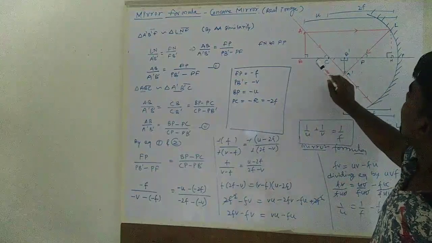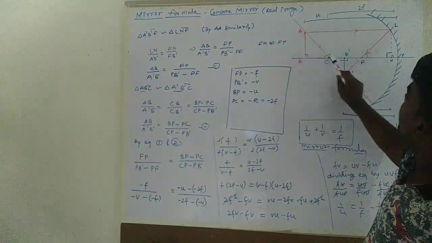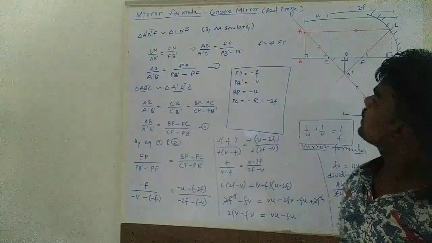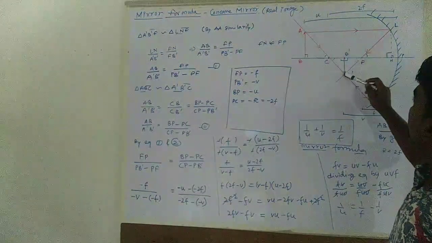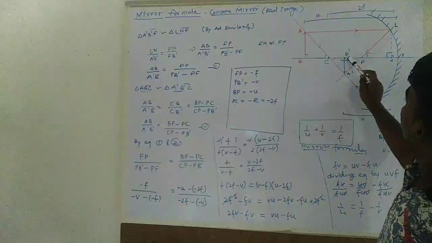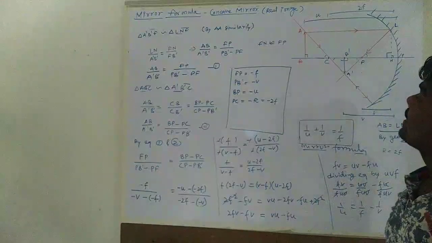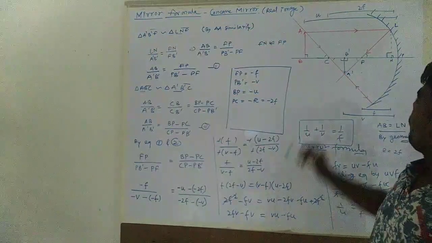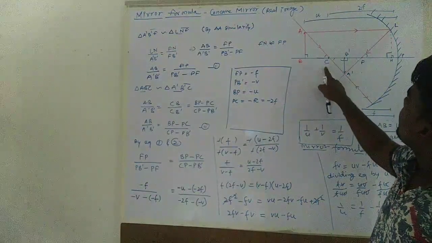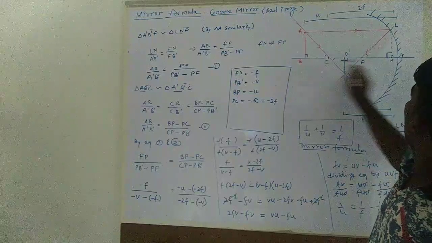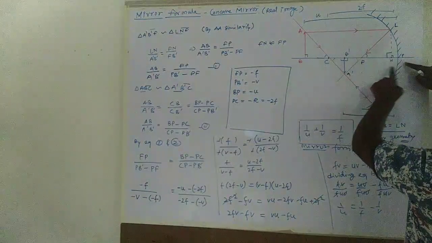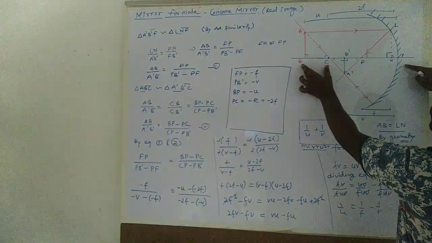Then second, we have taken triangles ABC and A dash B dash C. In this also we have done the same: AB upon A dash B dash, and BC upon B dash C, or CB upon CB dash. So again BC we have written in the form of PB minus PC, that is your BC.